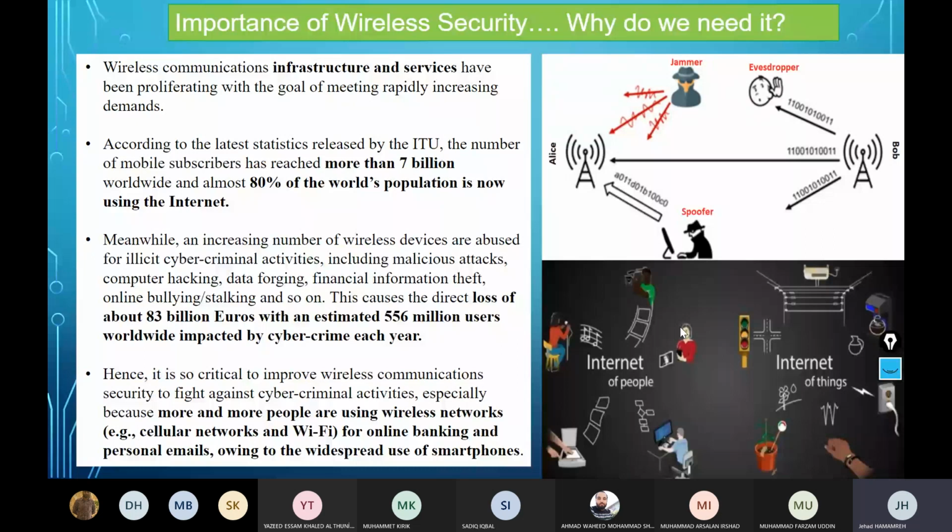You cannot access it anymore, because the power of the interference introduced by the intruder is going to be much larger than your intended signal. In this case, your signal will become like noise. You will not be able to even connect with your Wi-Fi access point.